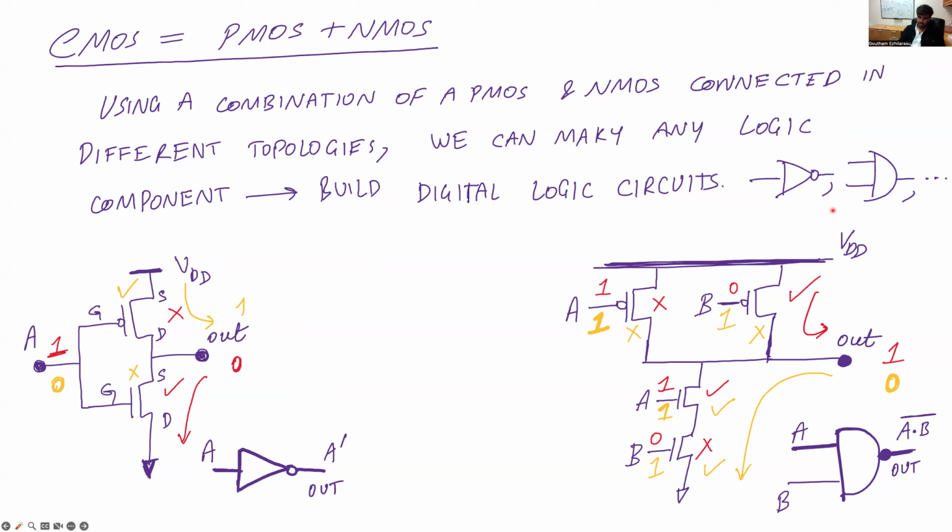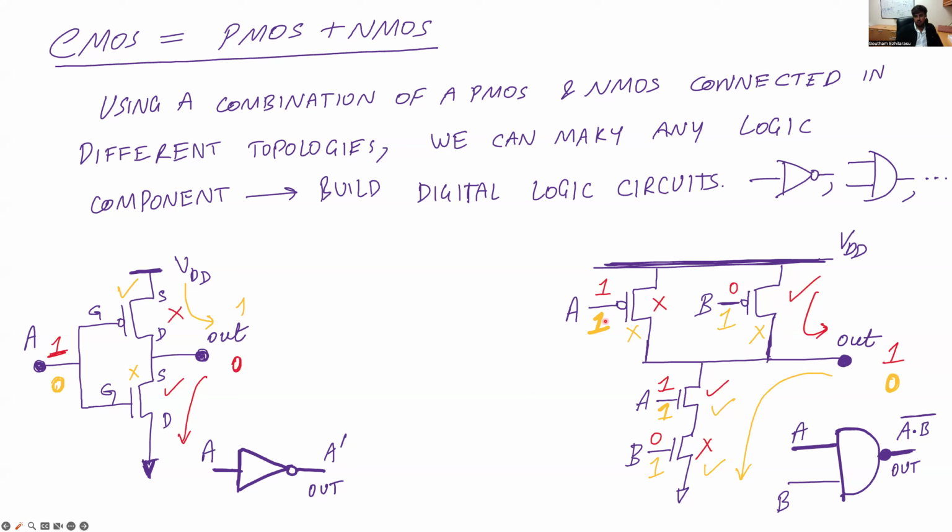Similarly, you can see how this topology would operate. Say the input A is now 1 and B is 0. So if A is 1, B is 0, then the PMOS here is off while the PMOS here is on. And similarly, one of the NMOS is on, the other NMOS is off. So overall, you see that the output is connected to VDD, and therefore the output goes high.